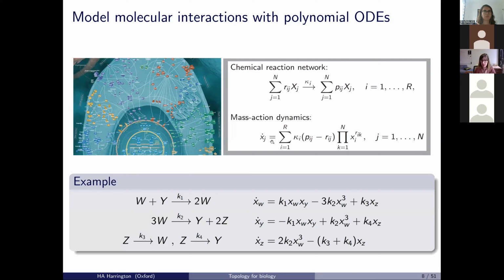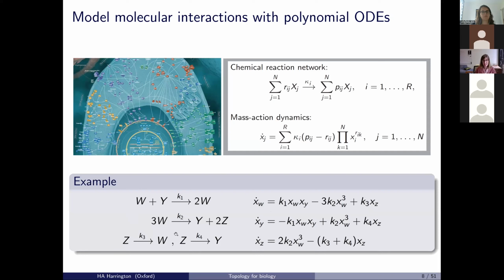And just by writing with this formula here, we can look at these are the reactants, and they form 2W, and then we can take the difference of the product and the reactant, and this is just a 1 in front, right? And that's 1. So then we have k_1, and then the monomial x_W x_Y, and that is that term here.